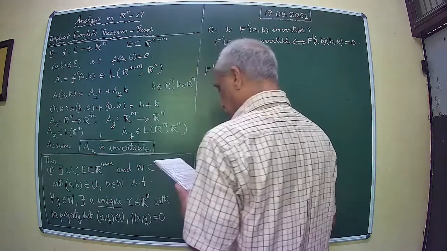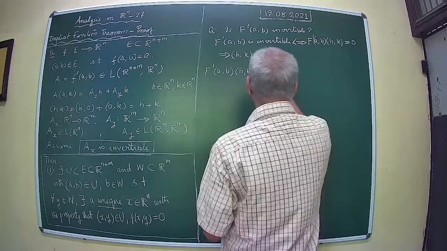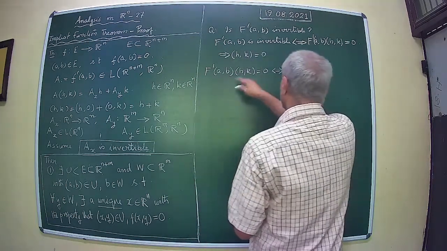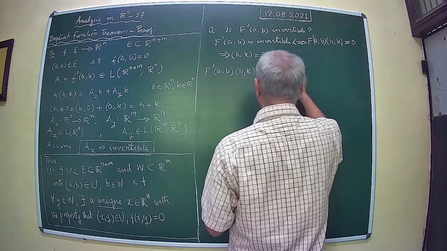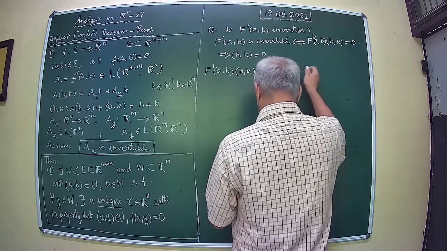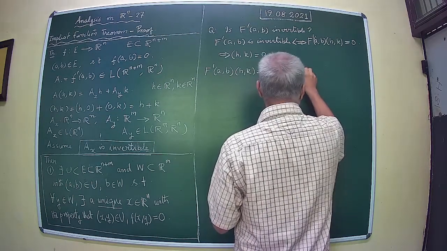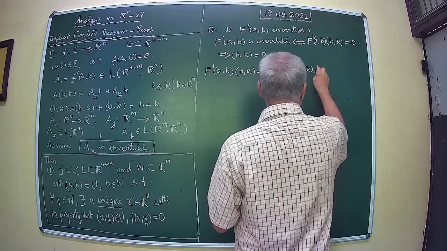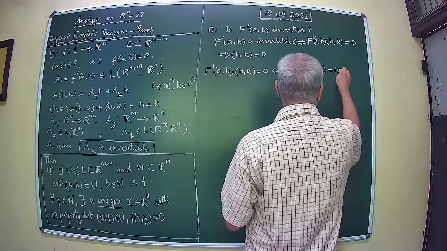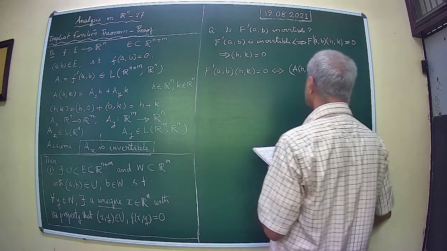What is it we have? Implies, what is it? You have A of HK, that is 0, 0.